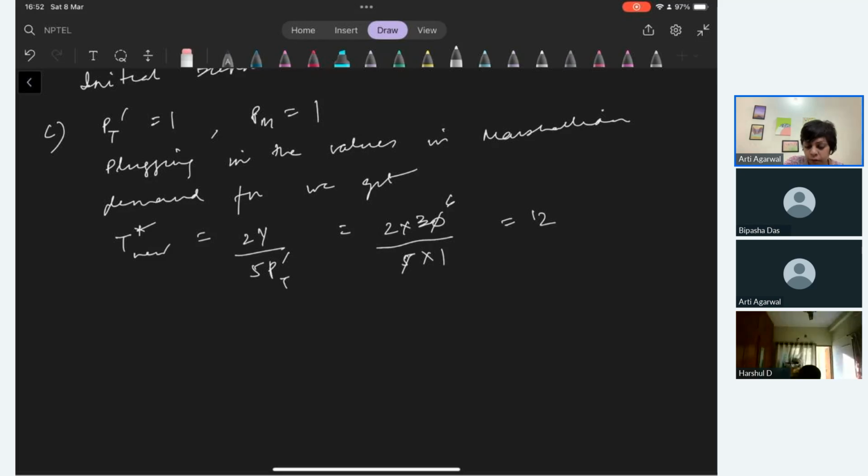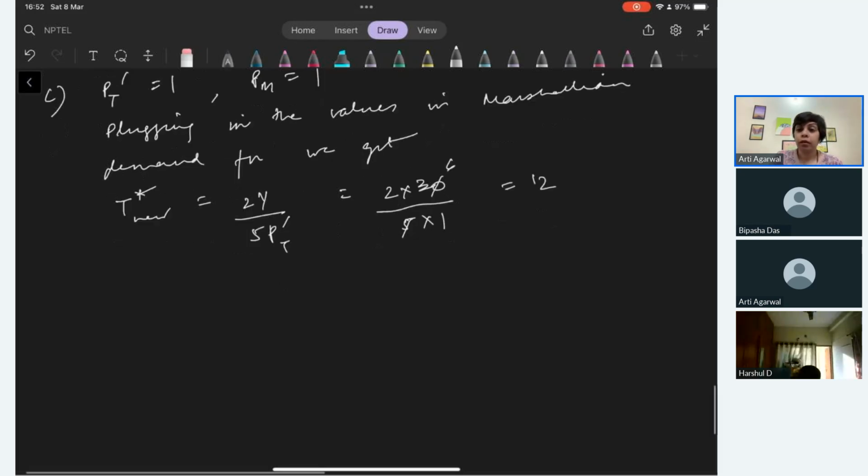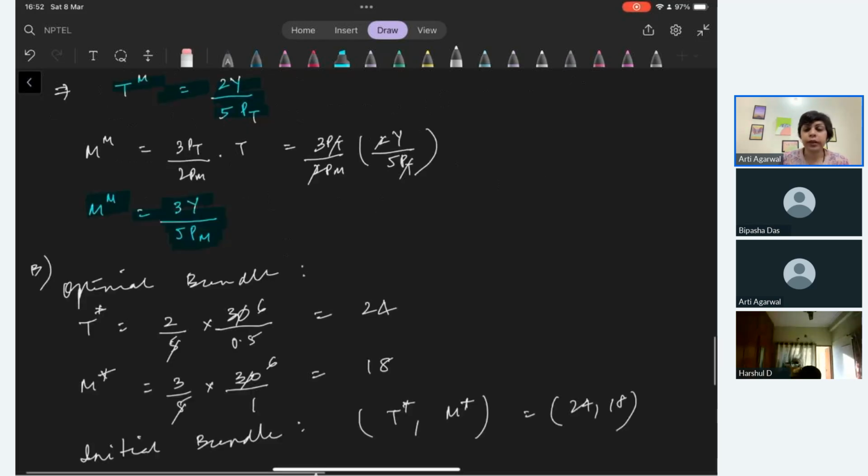And what about M? M is not going to change, because we've seen that the value of M from this expression, 3Y by 5 PM, is only a function of Y and PM. It's not varying at all with PT. So even if PT might be changing, we know that M is not going to change.